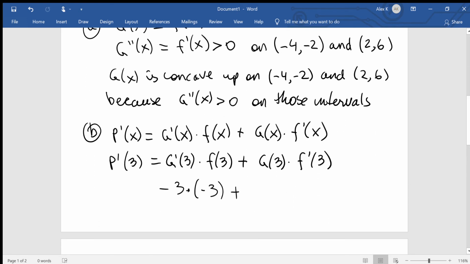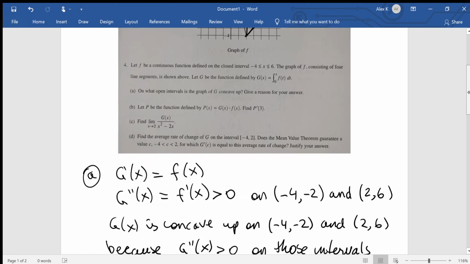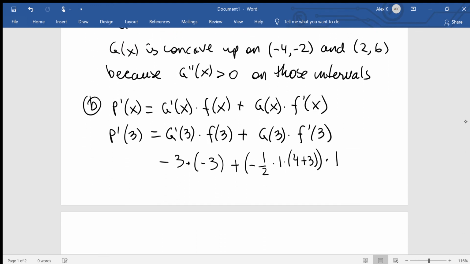So the area here is going to be -1/2 times the height, which is 1, times the two bases, which is 4 plus 3. And then times f prime of 3 will be the slope of that line, which is 1. So times 1. And after you do all this math, you're going to get 11/2 for the answer.